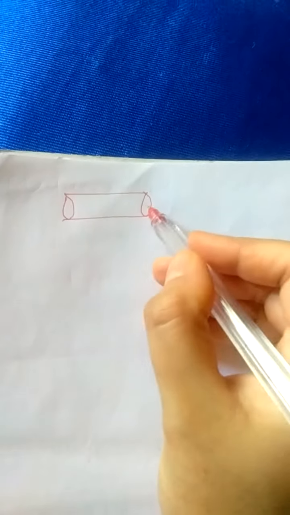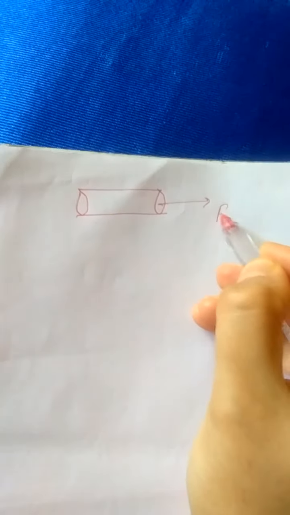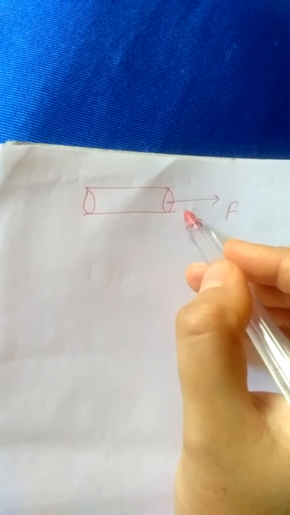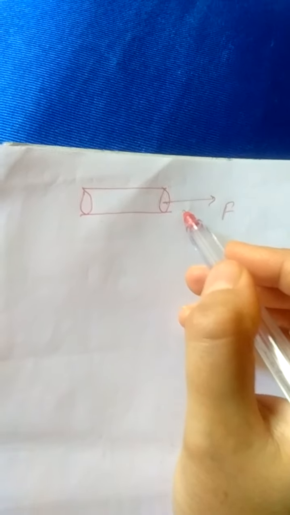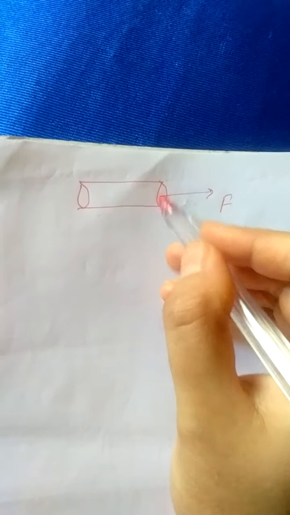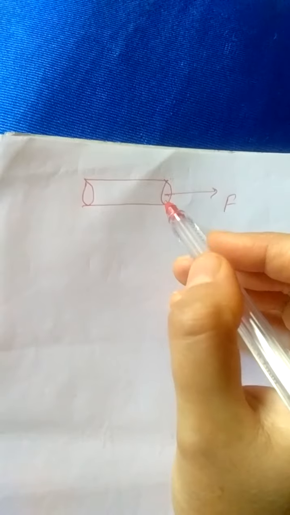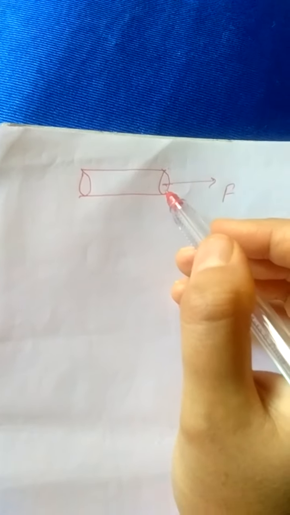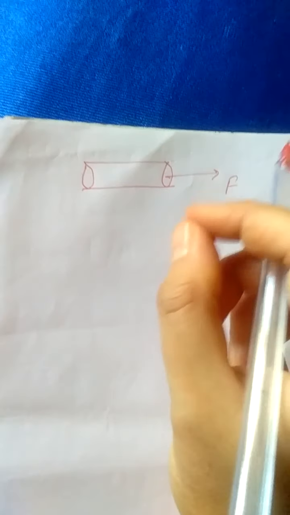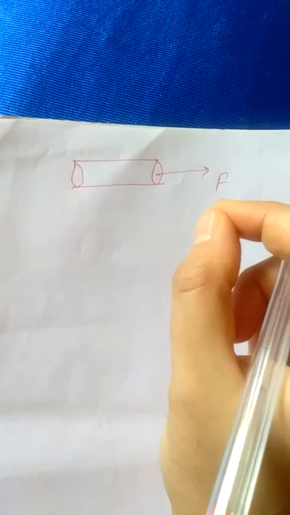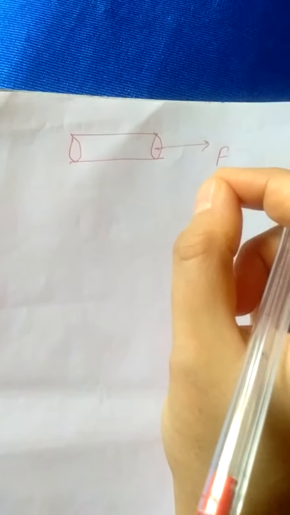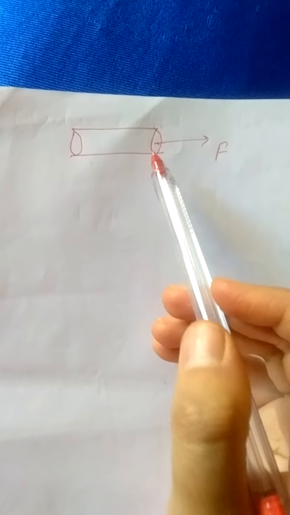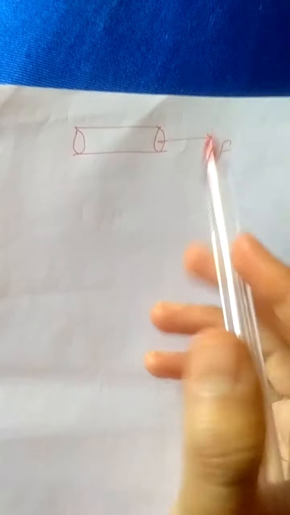Then when we apply force on the body to stretch it, remember its length increases and that is called as longitudinal strain, but its width or its area of cross section decreases. So that's a common experience. Whenever you stretch the wires, their lengths increase but their diameters decrease. By stretching, they begin to also thin. That means their diameters shrink but their lengths increase.